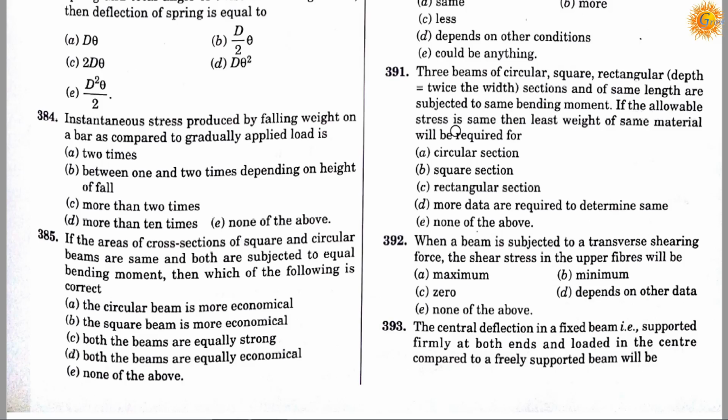If the allowable stress is the same, then the least weight of the same material will be required for: option A, circular section; option B, square section; option C, rectangular section; option D, more data are required to determine; option E, none of the above. Correct answer is C, it will be rectangular.